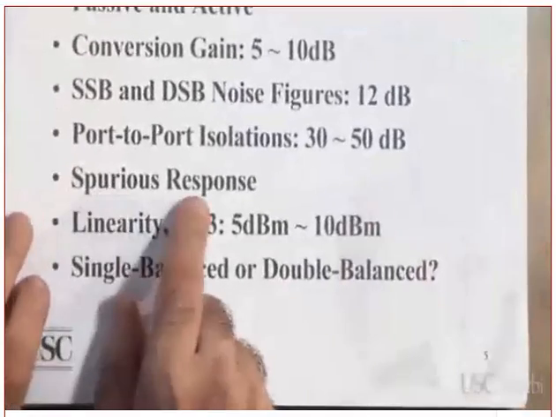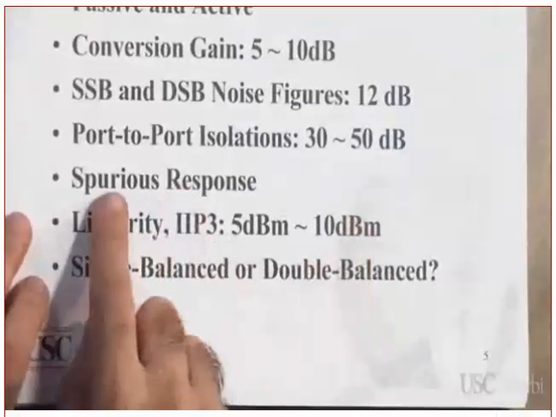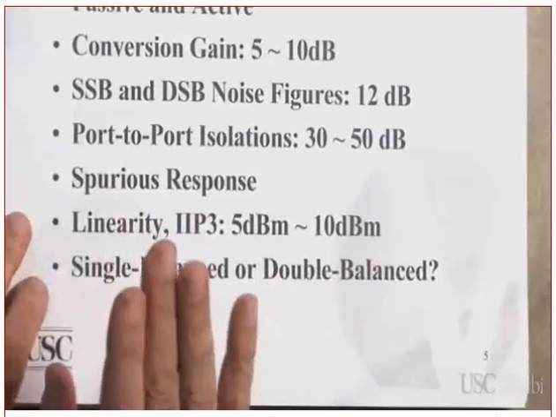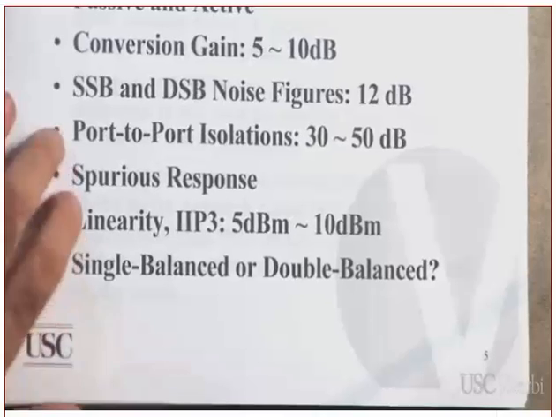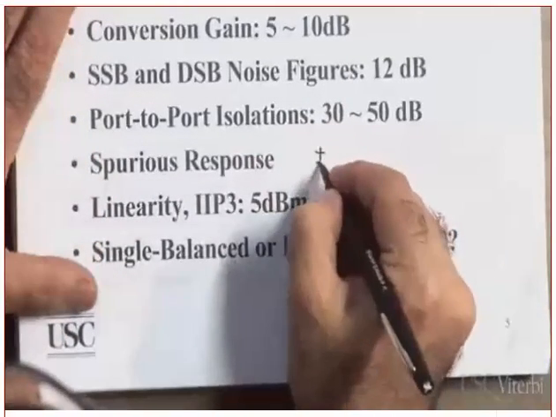Now, I will show you all of these in just a second. The spurious response, this is all of these. Spurious means unwanted signal. Are we going to get all of the components? Listen to this. Plus or minus M times omega RF, plus or minus N times omega LO, for M and N integers. Let me write it here.